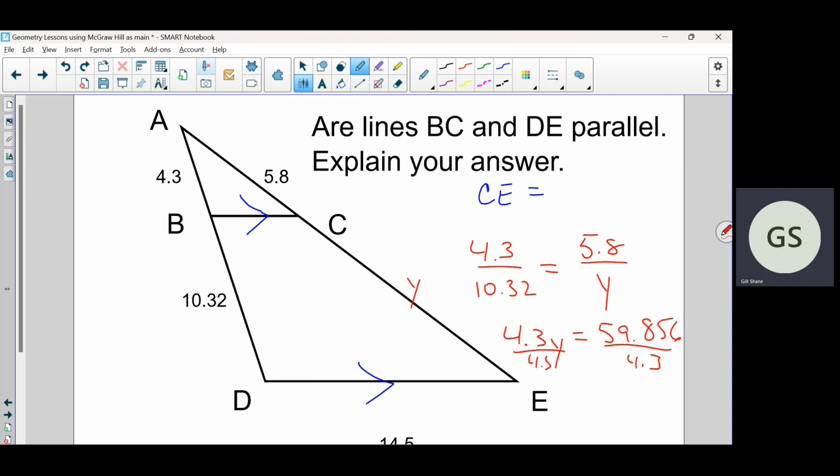And what is that, like 13.92? Is that what I heard? So that means that segment is 13.92. Just to make sure, I could look at my numbers. If this is 4.3 and this side is a little bigger, this is 10.32, that side's a little bigger, so that makes sense.